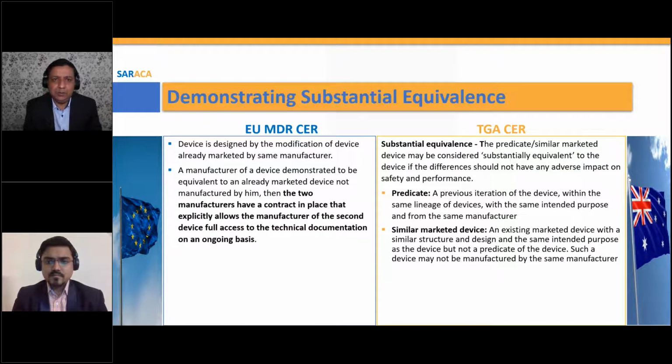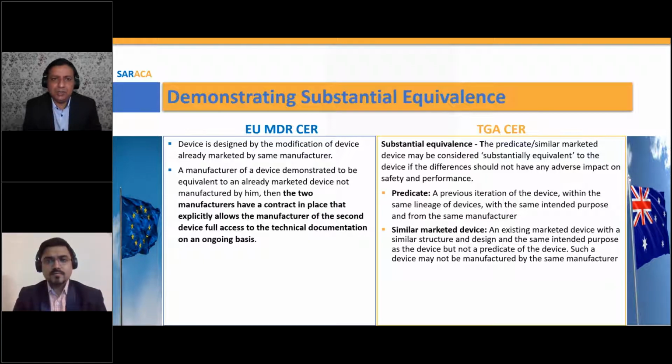Many people who have not understood it correctly thought that notified bodies will still accept the predicate device of the competition, but they have been rejected. We have seen many tech files and CERs which have been rejected, which did not have the right equivalent device.